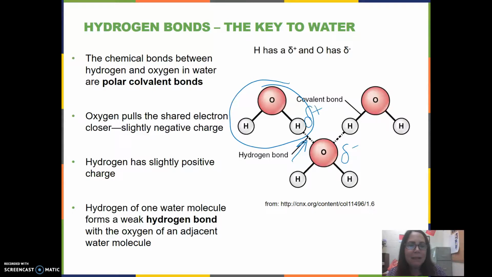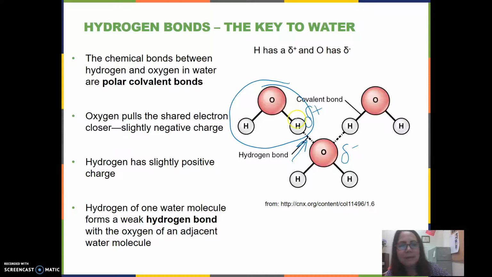And what will happen is in any area where there's water, whether it's a droplet of water or whether it is water that forms a pond or a lake or even the ocean, the water molecules that are together are attracted to each other in such a way that the hydrogen ends face the oxygen ends.